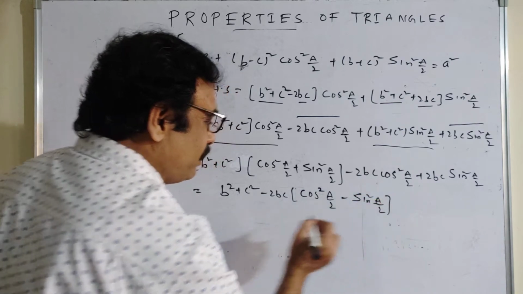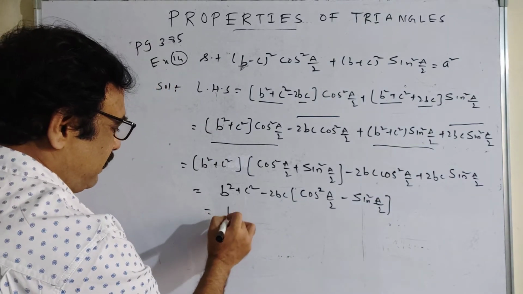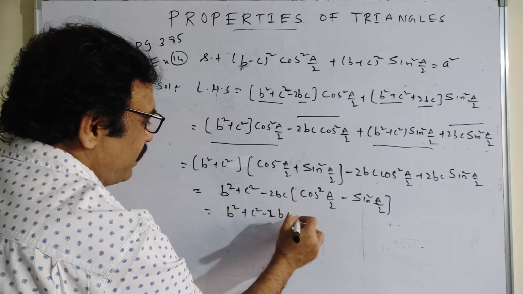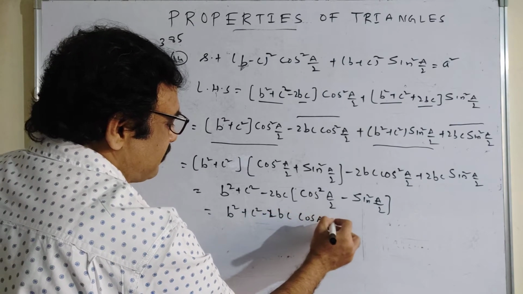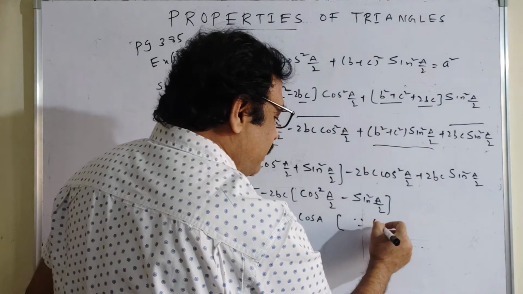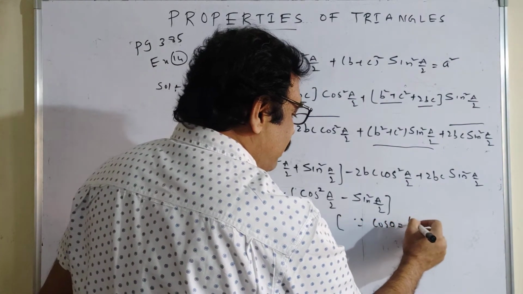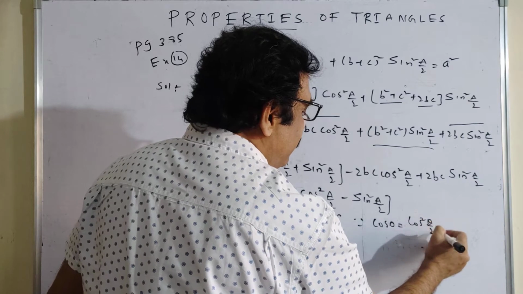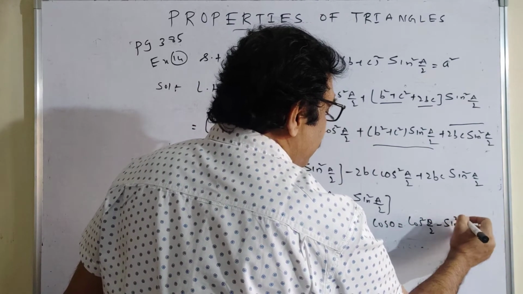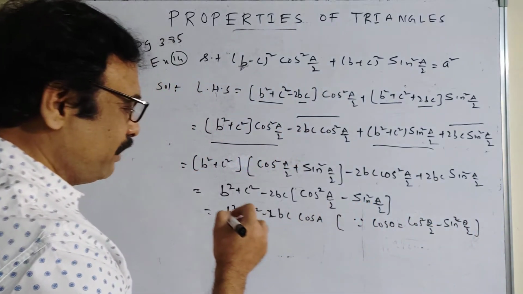Now, coming back to the point, this is nothing but b square plus c square minus 2bc into, this can be written as cos A, because we know that cos theta can be written as cos square theta by 2 minus sine square theta by 2, which we have learned in multiple and submultiple angles.